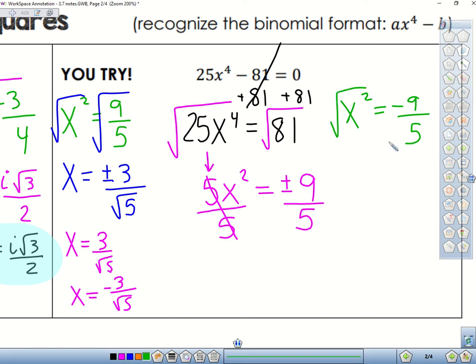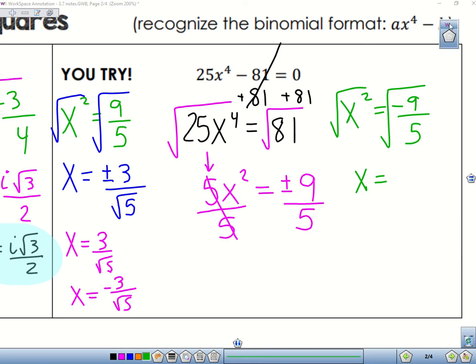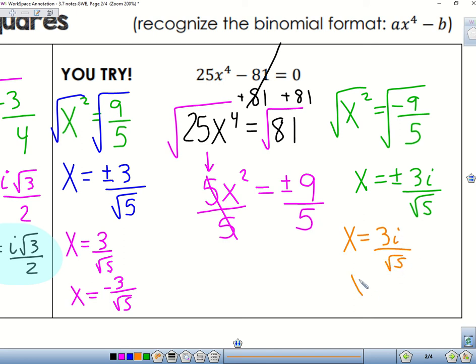So I take the square root of both sides. That gives me x equals, what's the square root of negative 9? 3i. Got to put the i in, over radical 5, which leaves me with two results of zeros. x equals 3i over radical 5, and x equals negative 3i over radical 5.